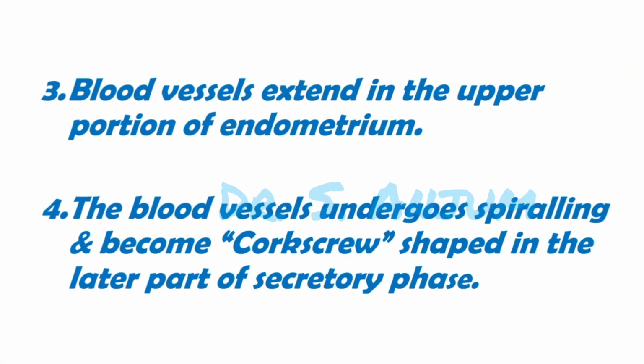So blood vessels extend in the upper part of endometrium. What happens? Blood vessels gradually grow and finally reach near the surface of endometrium. The blood vessel undergoes spiraling and becomes corkscrew shaped in the later part of secretory phase.